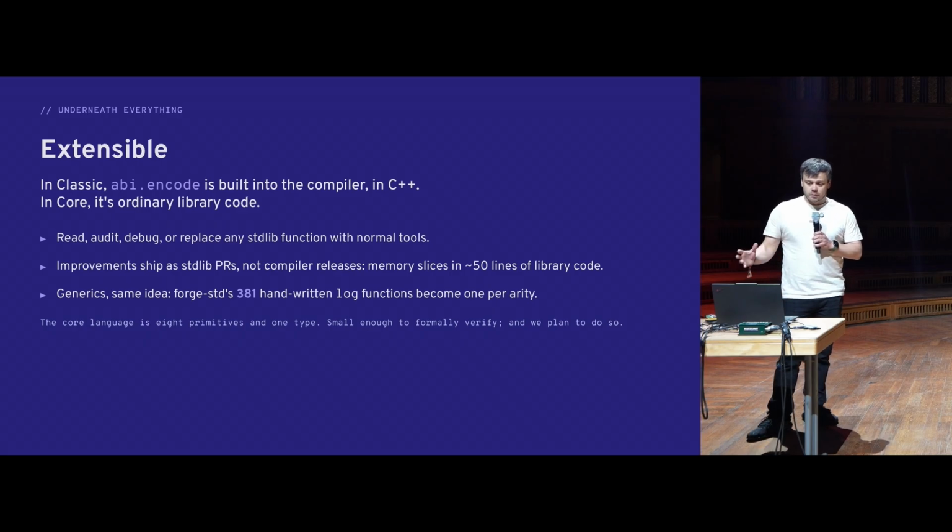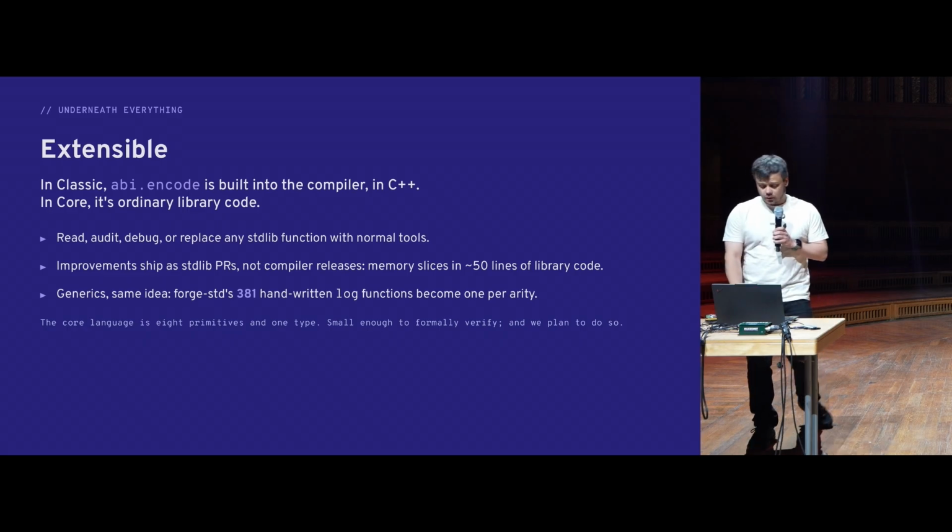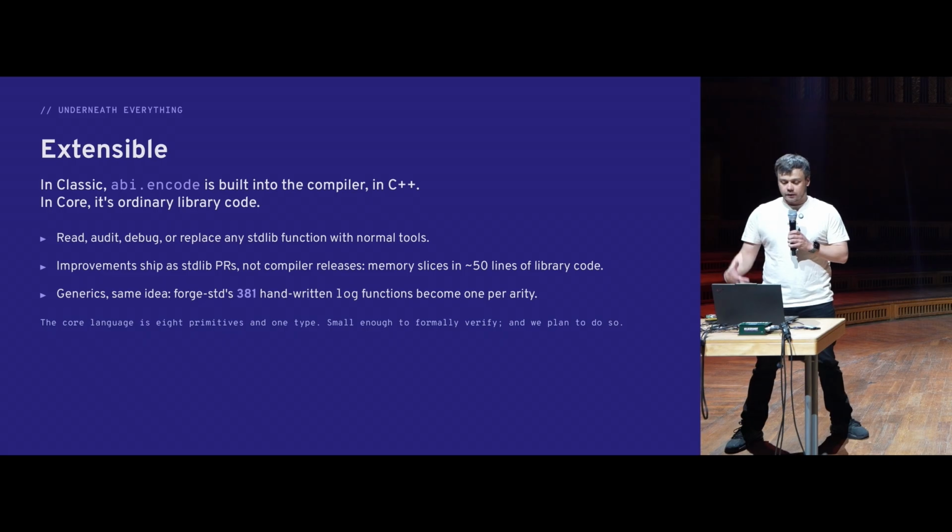So I think these things add up to something that will actually be a very comfortable language to use, that also makes it harder to introduce bugs in your code, because a lot of the things will be caught at compile time.